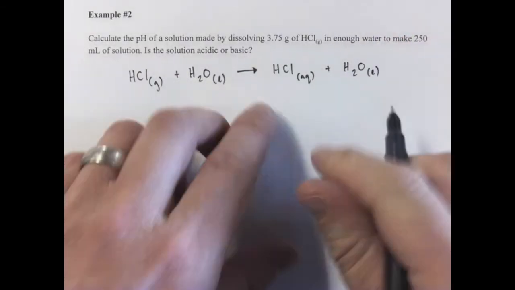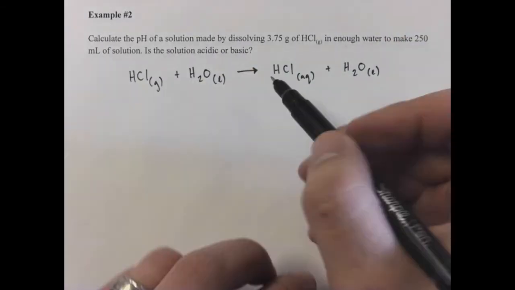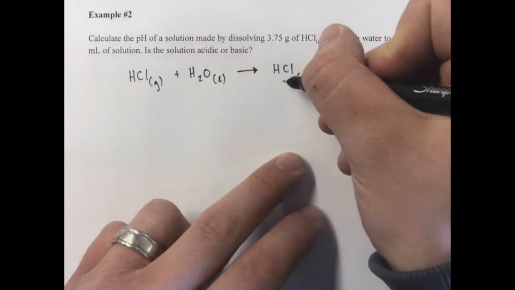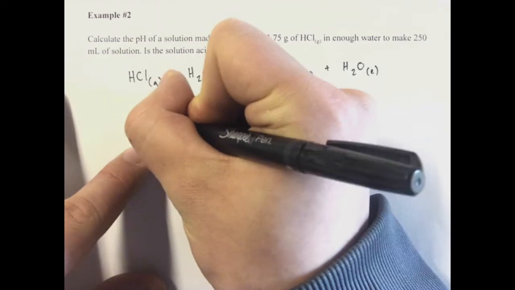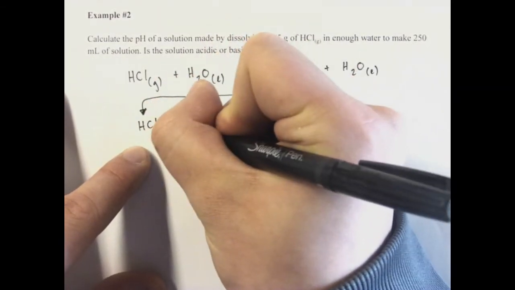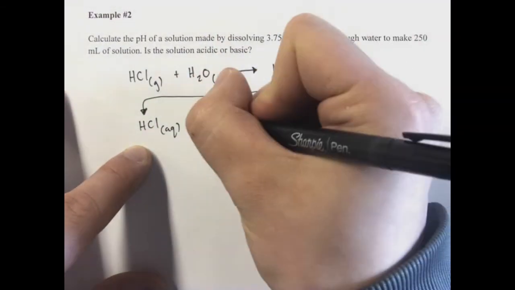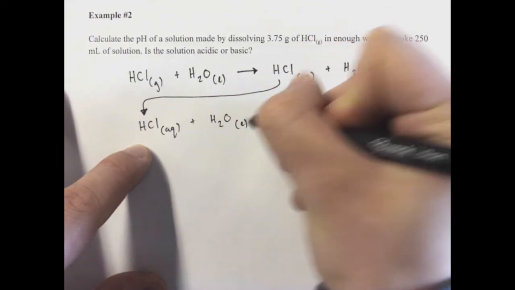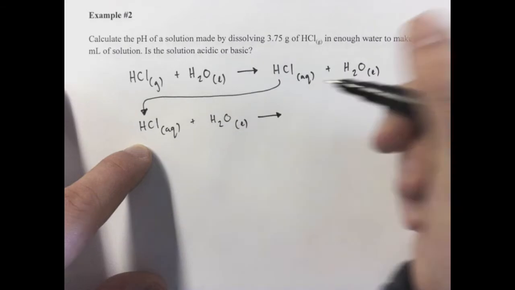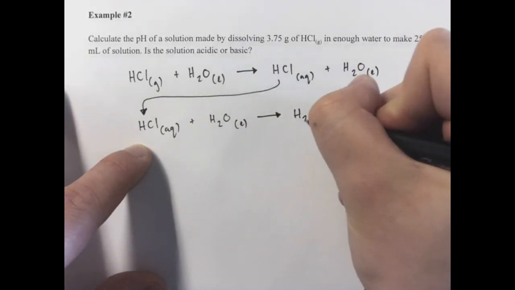I could have just written it right there at the top, but we make hydrochloric acid, and then hydrochloric acid, as you might recall, will react with water molecules around it to make hydronium ions.